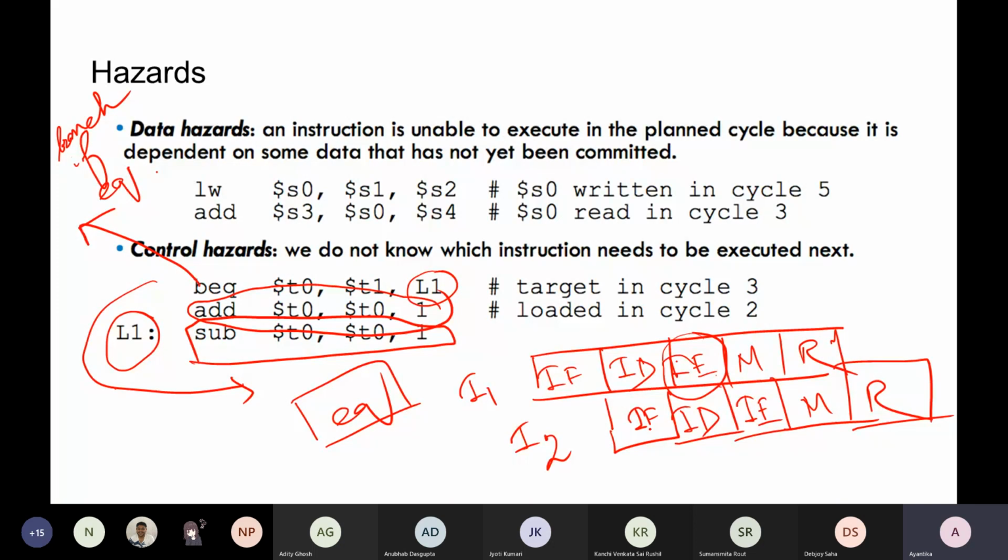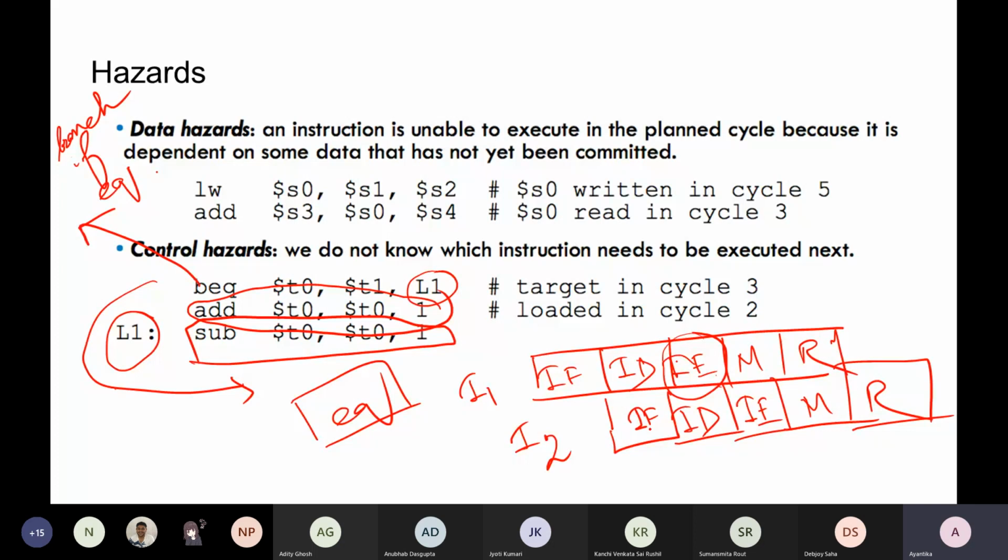So this is some wastage of resources, as you are executing some unnecessary instructions. So when we do not know which instruction needs to be executed next, this is called the control hazard.